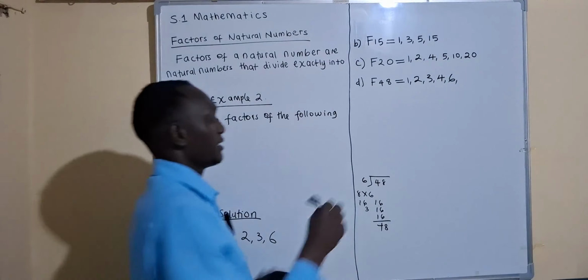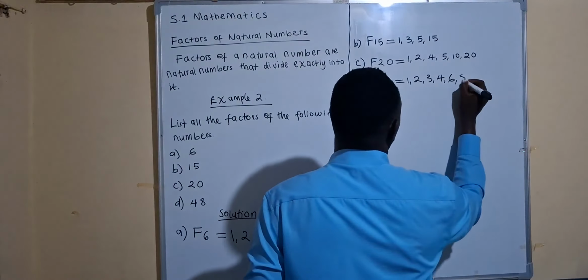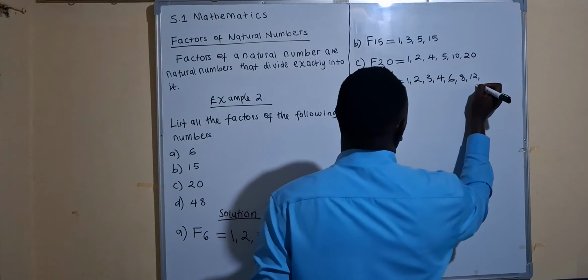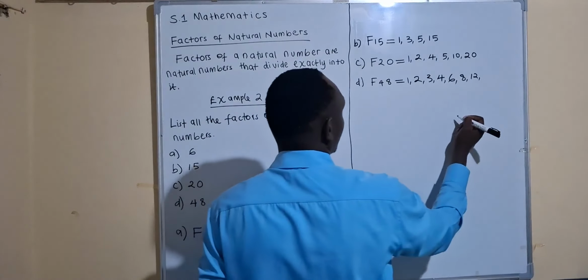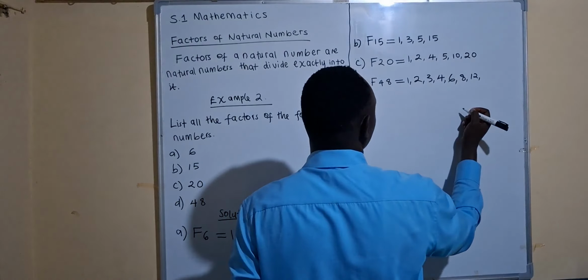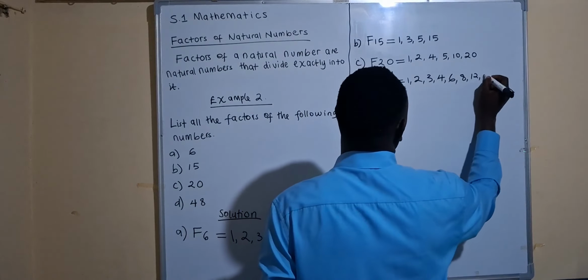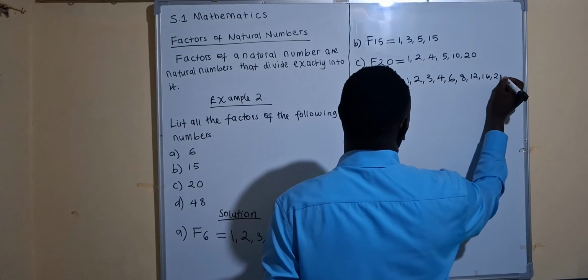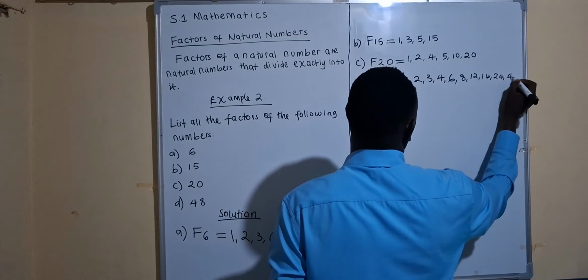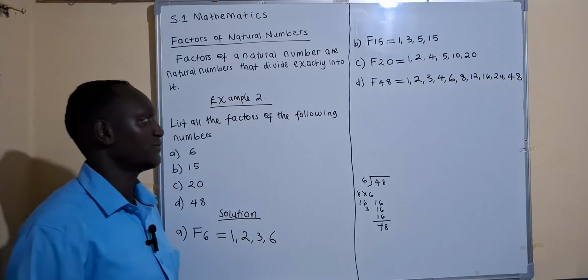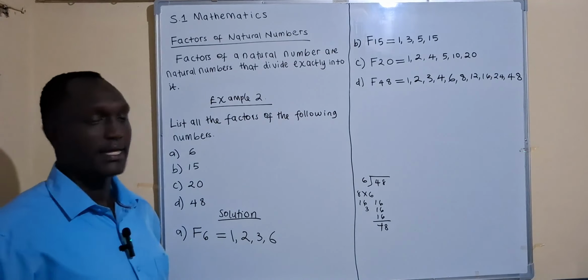How about 8? 8 can. 9 cannot. 10 cannot. 12, then 16, 24, and then 48. Those are the numbers that divide 48 exactly, and there is no remainder.